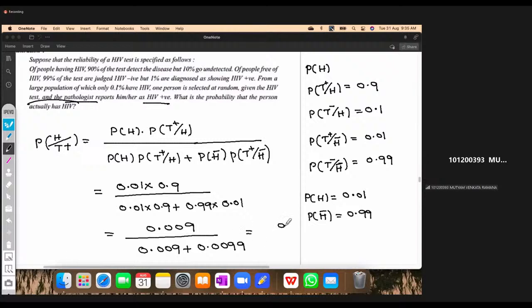So it is equal to 9 by 123. So it is 90 by, here what will happen? 90 plus 99. Is it correct? Simplification. Just look at the simplification part quickly. I think it seems to be wrong. Is it correct? Just quickly look at it.